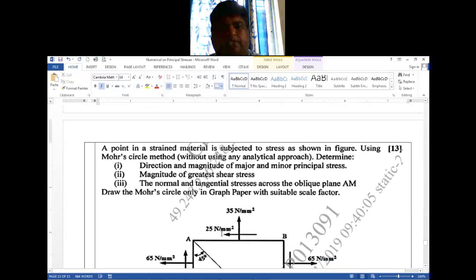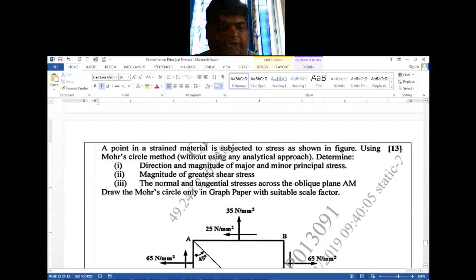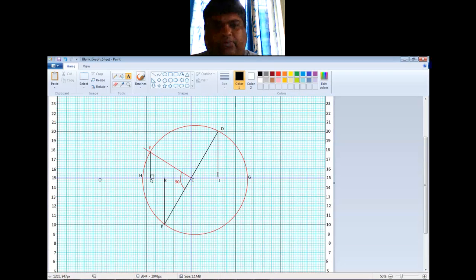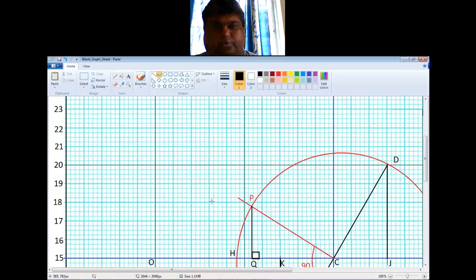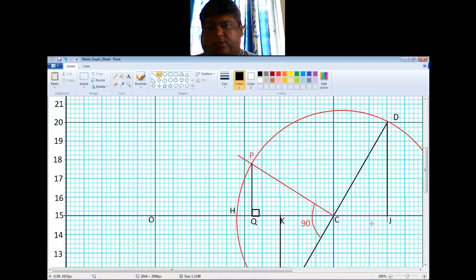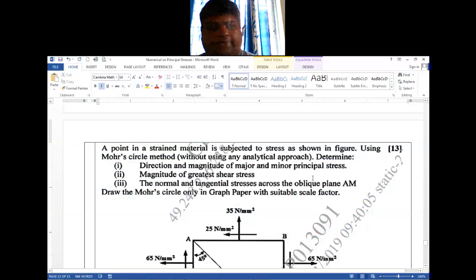And what else is asked? Direction and magnitude. You have to find both, right? So the magnitude will be this angle. Let me just show this. Or I can just write CJD.